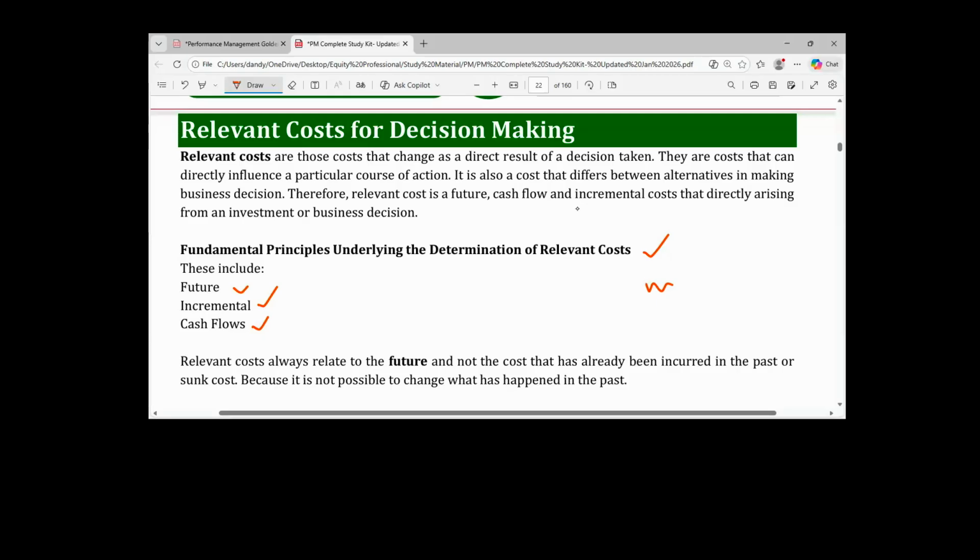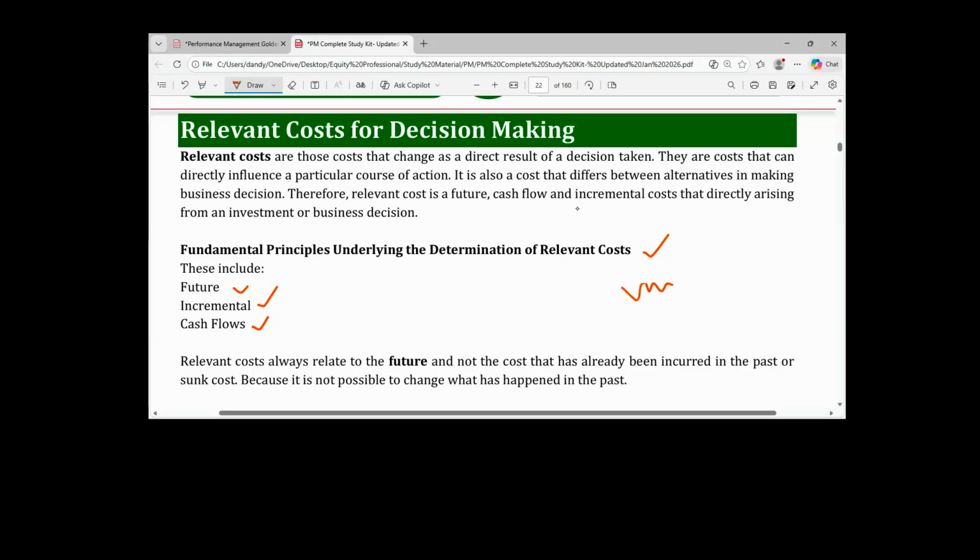This simply means that any costs that have been incurred in the past, that is sunk costs, are not relevant to the decision that is to be taken, because the company or management cannot change what has happened in the past. I repeat, when you talk about future, it simply means that relevant costs are future costs.